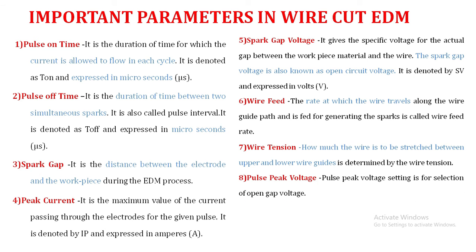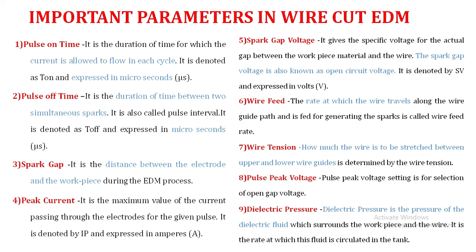Next, pulse peak voltage. Pulse peak voltage setting is for selection of open gap voltage. We have already discussed this under spark gap voltage. Next one is the dielectric pressure. Dielectric pressure is the pressure of the dielectric fluid which surrounds the workpiece and the wire. It is the rate at which fluid is circulated in the tank.